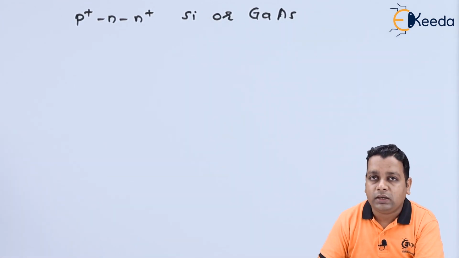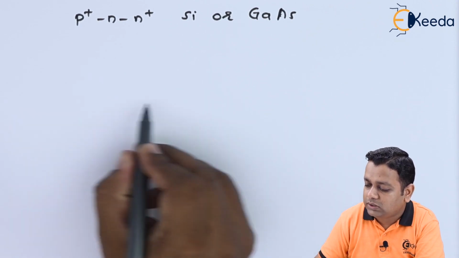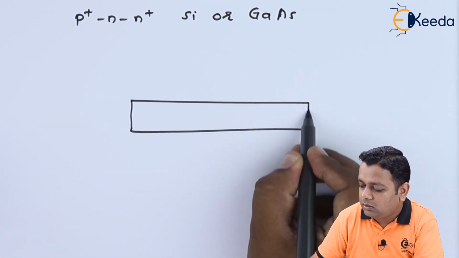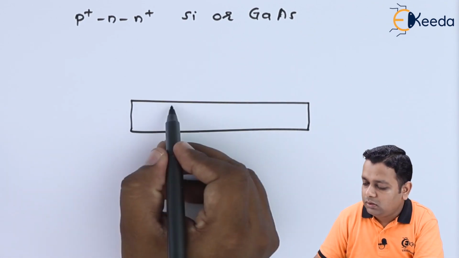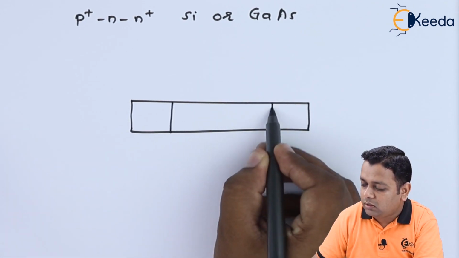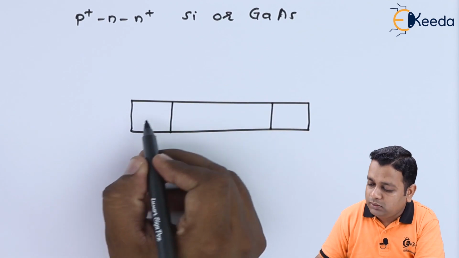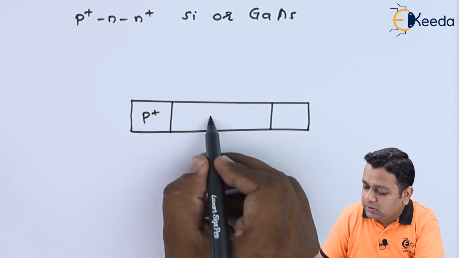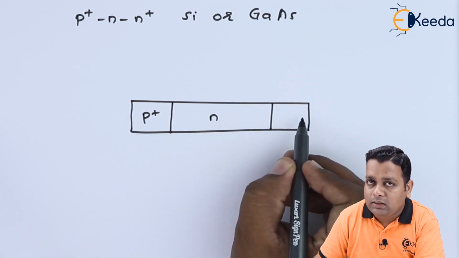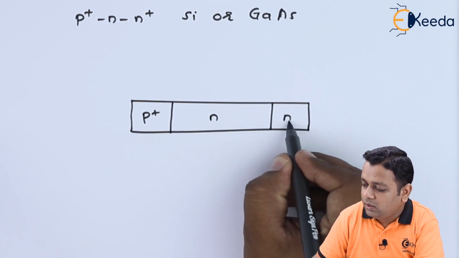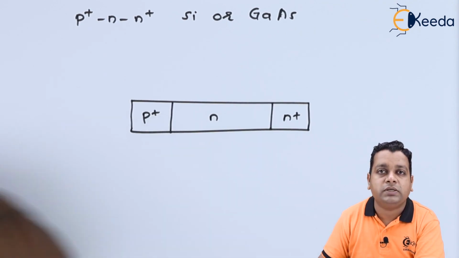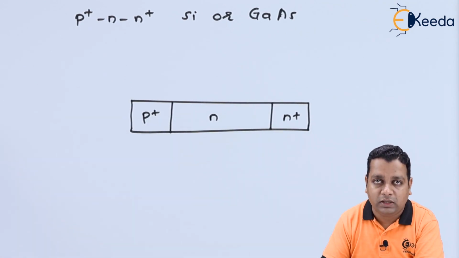Now, considering a simple structure, we make three parts corresponding to three semiconductor type materials. First is P positive, then N, and next to that is N plus. The superscript plus represents the high doping level.